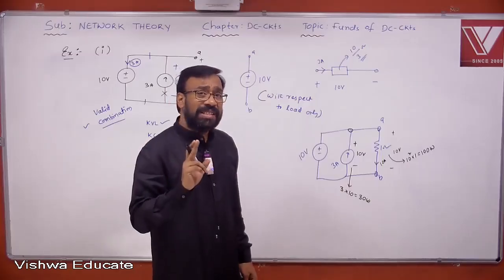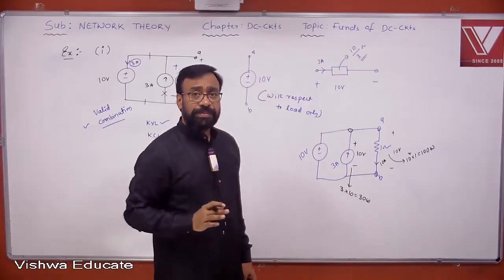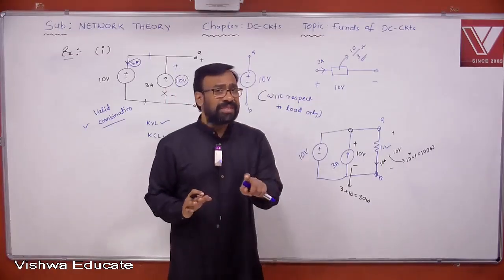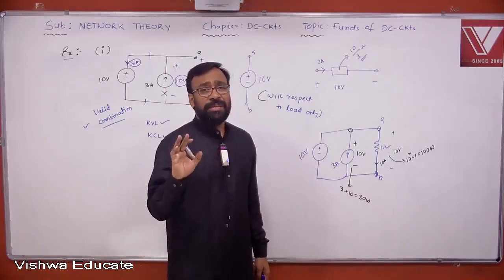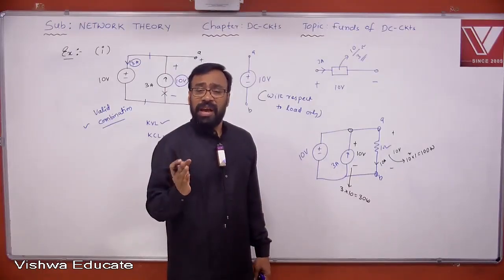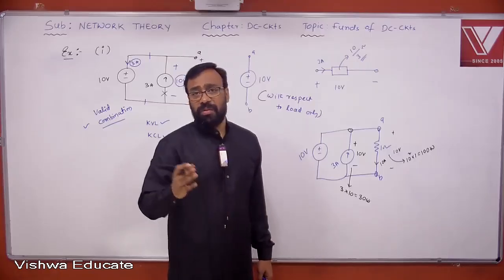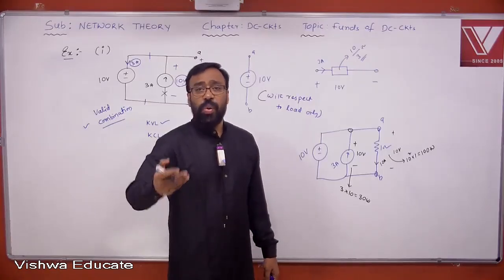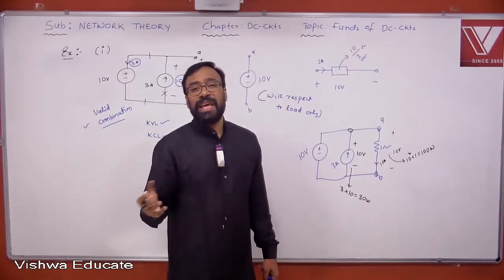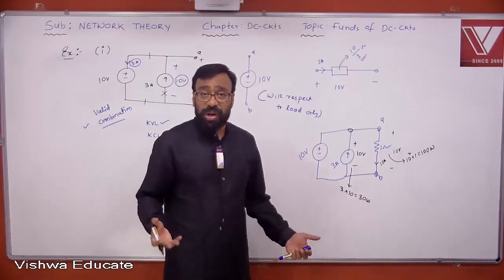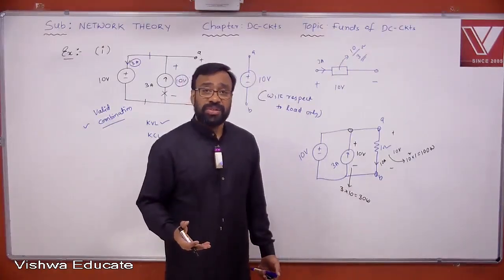If that path contains a resistor, you apply Ohm's law. If the path does not contain any resistor, you apply KCL. Remember, current can be determined only either by using Ohm's law or by KCL. Yes or no? Voltage can be determined either by using Ohm's law or by KVL. Yes or no? This statement we have already discussed in one of my previous sessions.